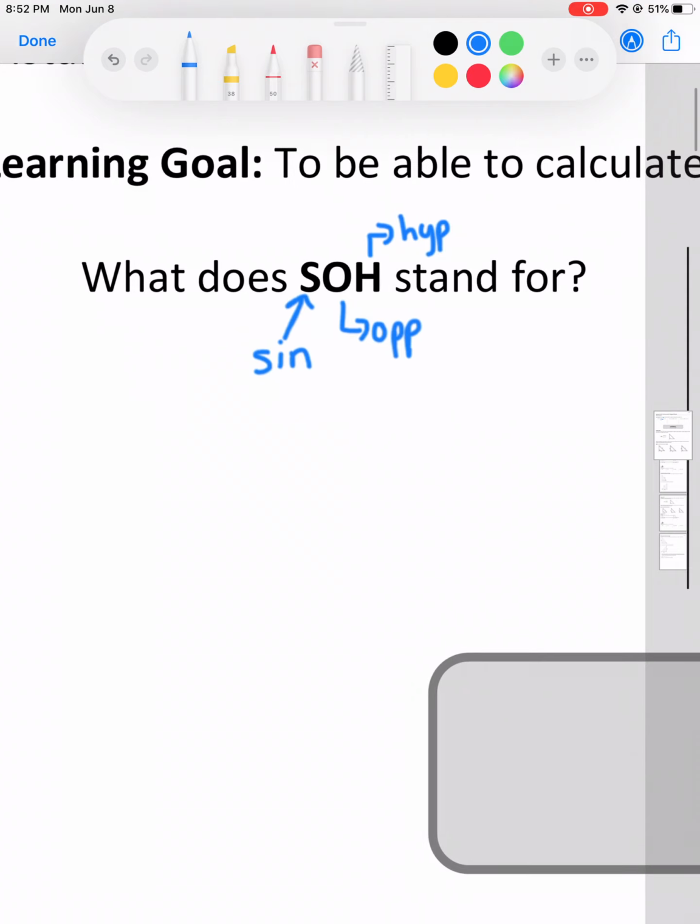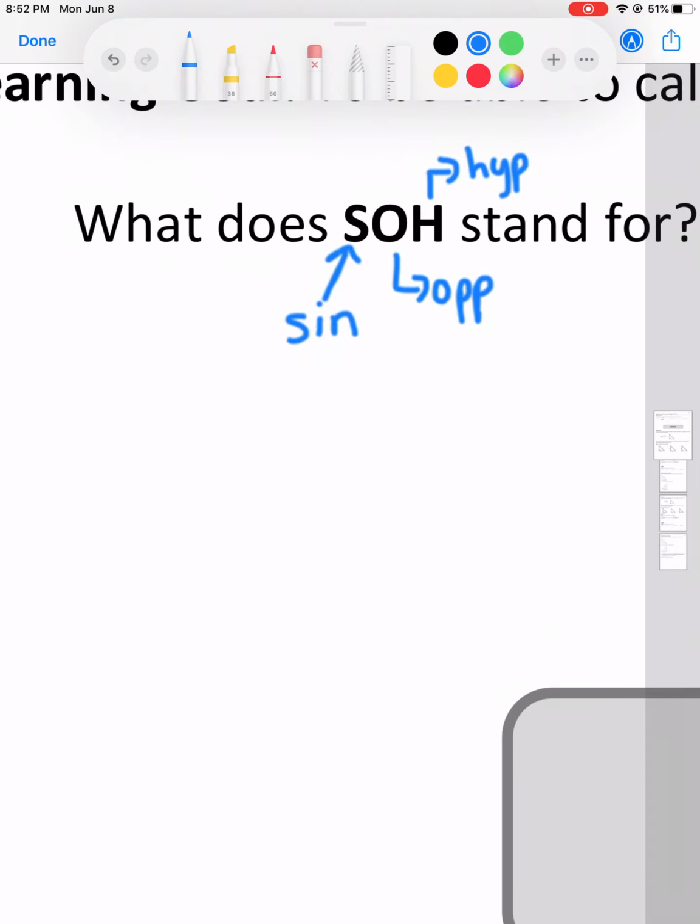This is super important, and if you forgot that, please write it down so it's handy for you, especially when you do your assignment, and or go back and review the last note. If you aren't 100% sure on that last note, go over it again and do the practice questions, because you're going to get this stuff. So SOH: sine theta is equal to opposite over hypotenuse.